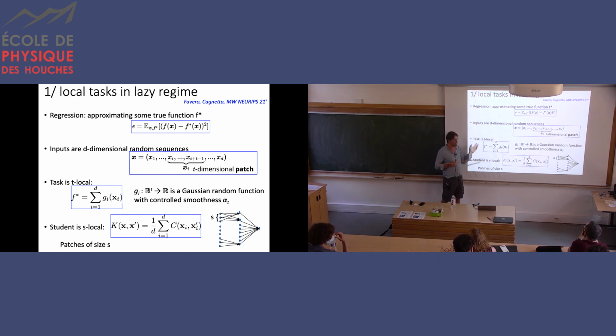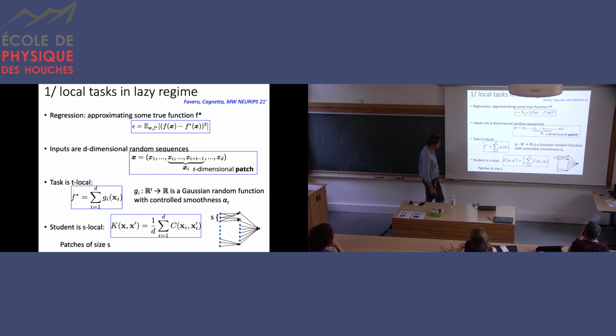And we will define this notion of locality, saying the true function is just a linear sum of functions, where each function can depend on the patch that you consider, but it just depends on this patch variable. So it's a sum of functions where each function depends just on T variables and not on D variables. Technically, we take g_i to be a random Gaussian field, and we control the smoothness of this field. But I'm not going to enter into any detail.